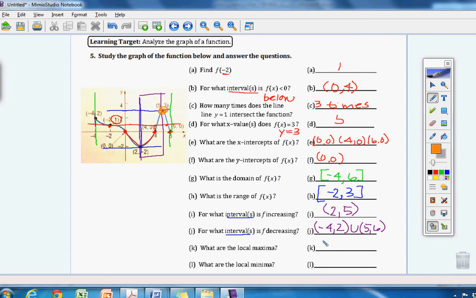So the actual value is 3 located at 5 on the x-axis. And the local minimum is down here. And the actual value is negative 2 at 2. So this is the what. Our y values are the what, and then here are my x values.